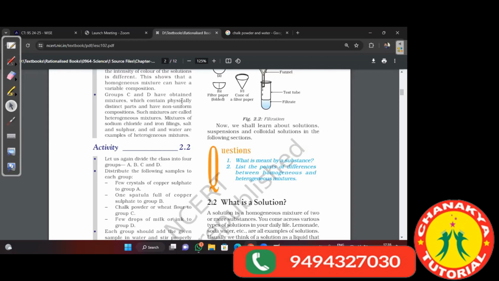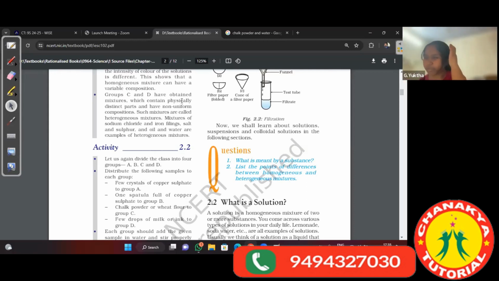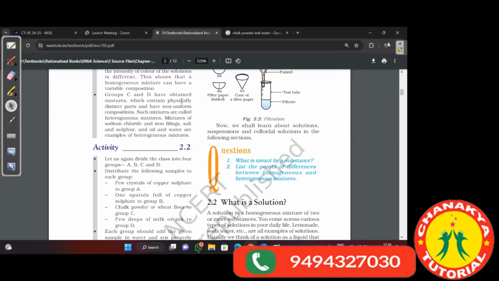Try to recall, what do we call a substance? Sir, it's a type of matter which is made of a specific composition. Yes, a type of matter which has a specific composition, that we call a substance. Very good, Yukta.